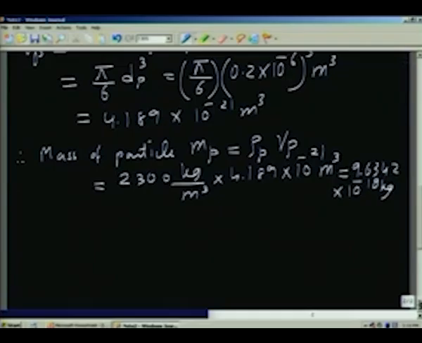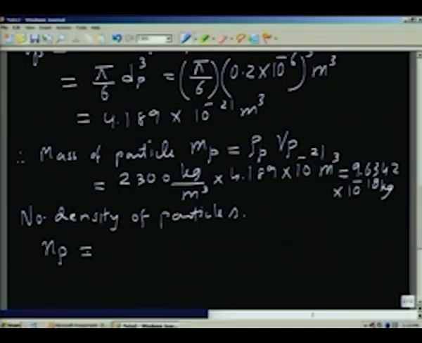and we already know the extension coefficient, or in fact we can also find out the number density of the particles. Because we know the amount of material present per unit volume, this is given as 600 milligram per meter cube. So, I know the mass of each particle, therefore, I can find out the number of particles.